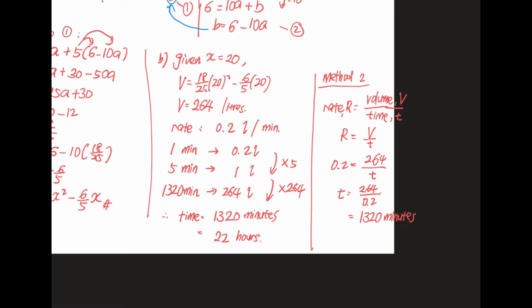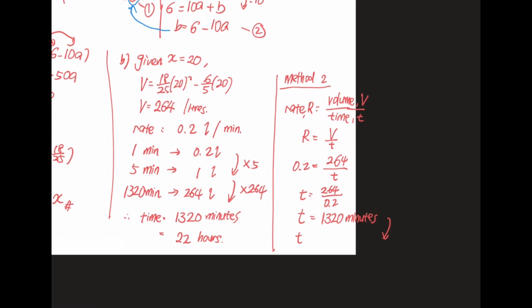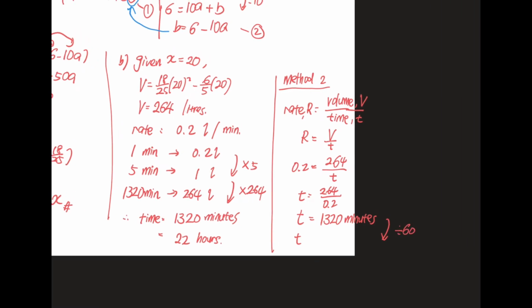As you can see, we get back the same answer. And then I divide by 60 to get the time in hours. So I will get 22 hours. So you get the same answer no matter whether you use the first way or the second way. Okay, so I have done this question.